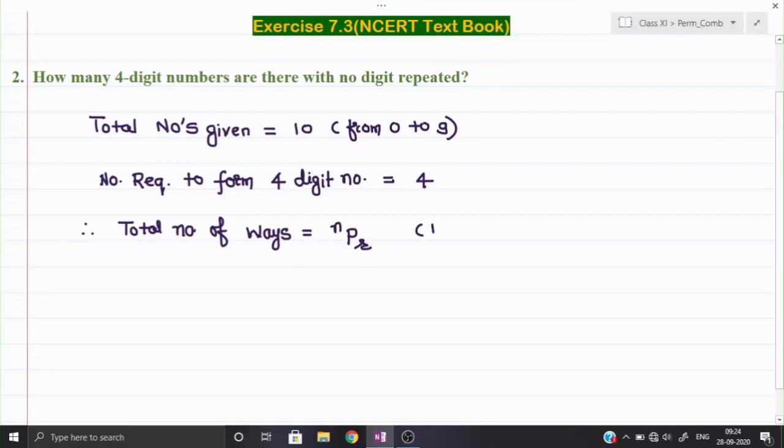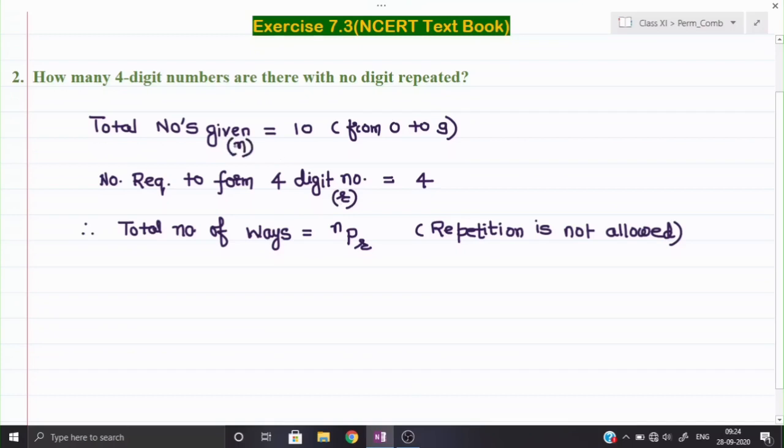Here repetition is not allowed, so the formula will be nPr. This will be the value of r, and this will be the value of n.